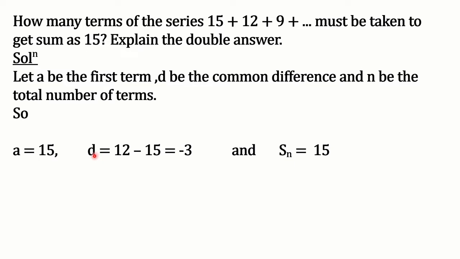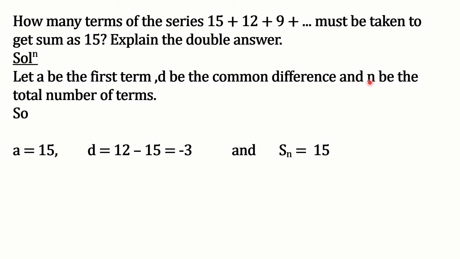D, the common difference, is given by 12 minus 15, or you can do 9 minus 12 as well. The same difference, minus 3, will come. And the sum of n terms is provided as 15. How has n come? Because we have said n terms to be taken.